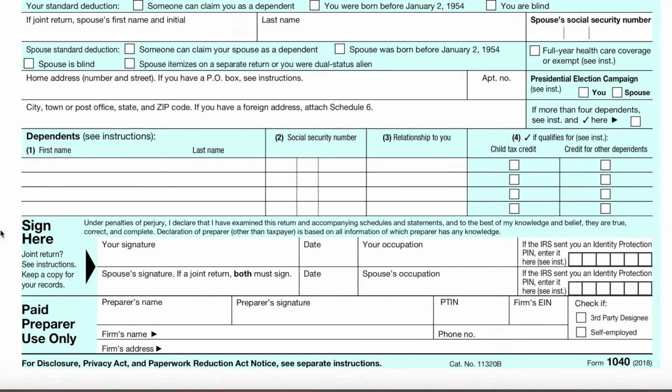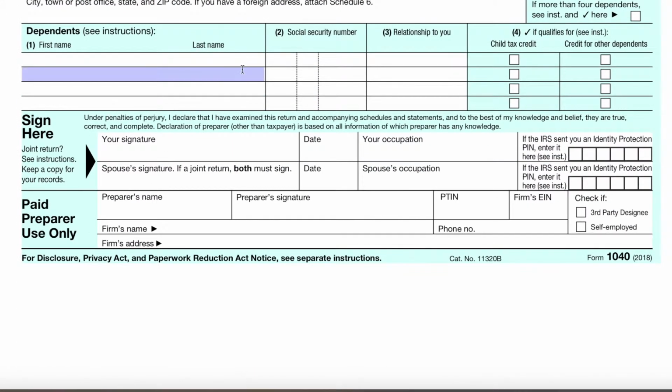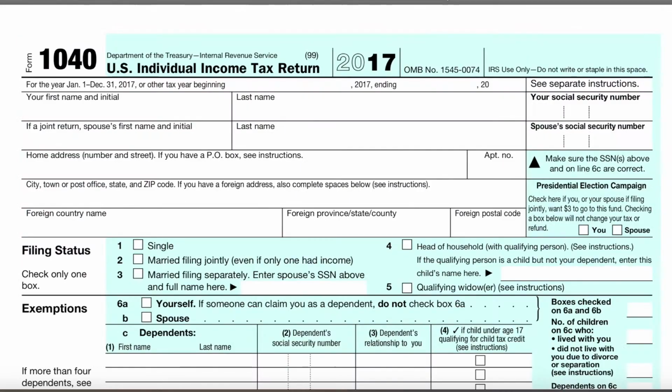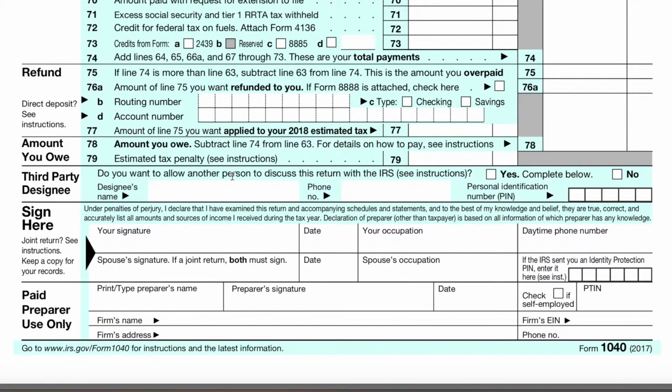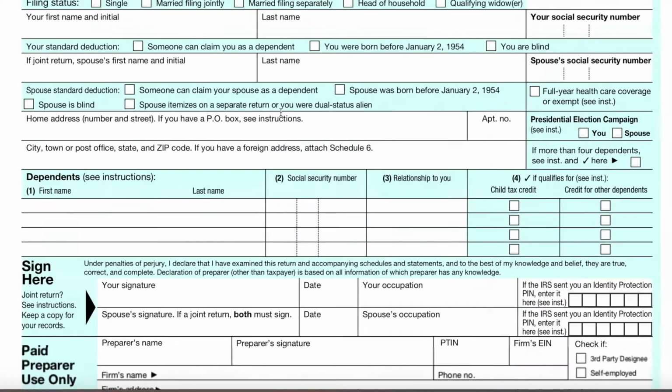We have dependents here, and then we have to check if the child meets the qualifying child and dependent for the child tax credit. Then we have the sign here, which is your signature, which compared to previous years was usually on the second page at the bottom, and it's now at the first page.